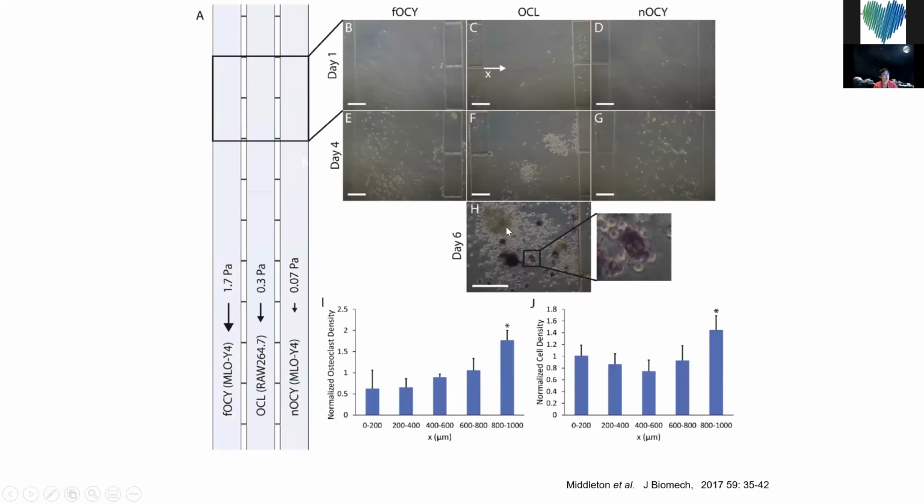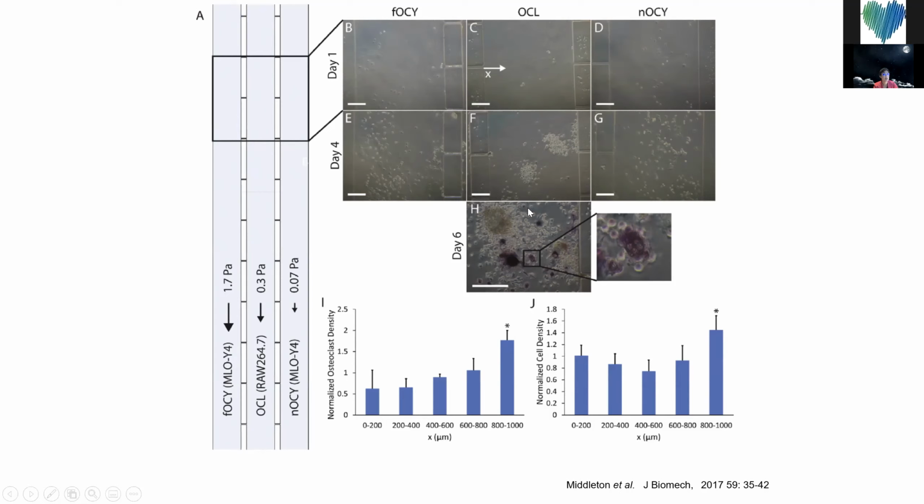And we have shown that if you put osteocytes without loading in one channel and osteocytes with loading in another channel, so this will be the loading channel, this is the non-loading channel, we can put the osteoclast here, and we can look at how the osteoclast, in this case the bone resorption cell, responds to different signals released by cells under different mechanical environments.